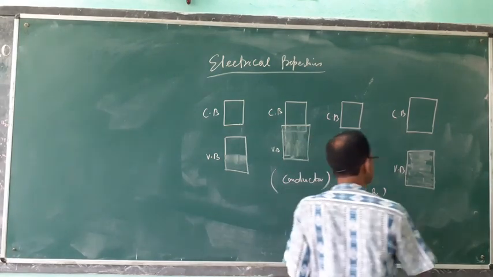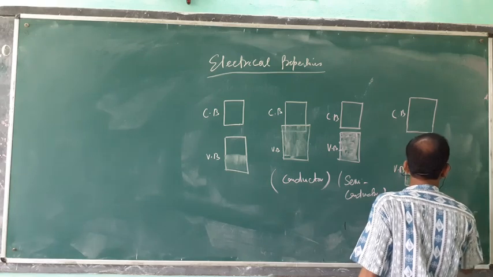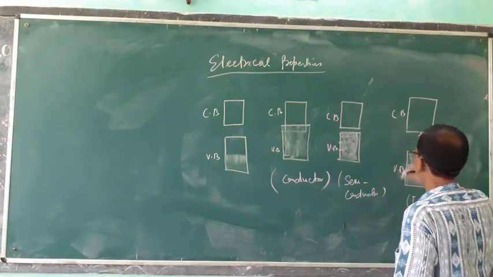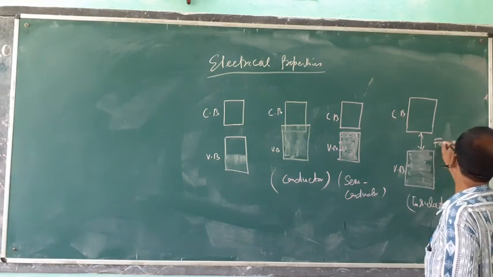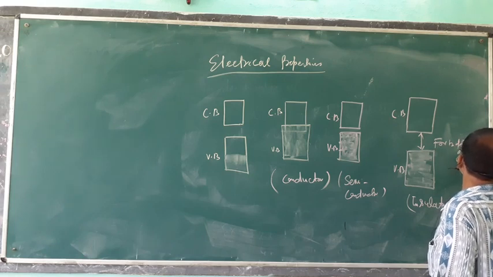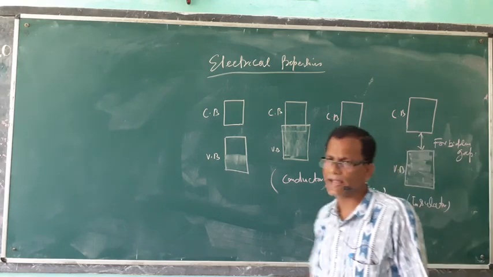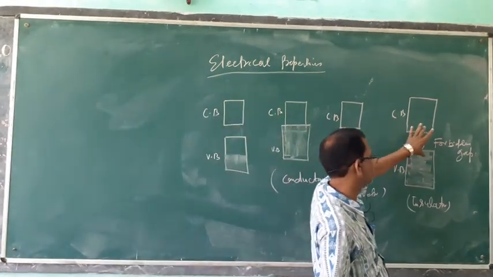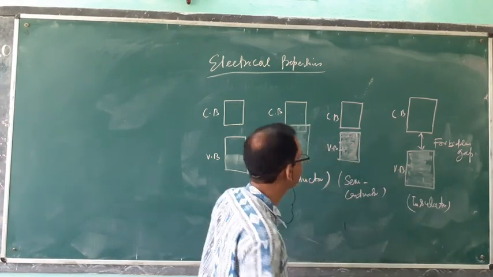That's why it is called an insulator. And this larger gap is called the forbidden gap, where the energy gap is more. That's why electrons cannot be transferred from the valence band to the conduction band.